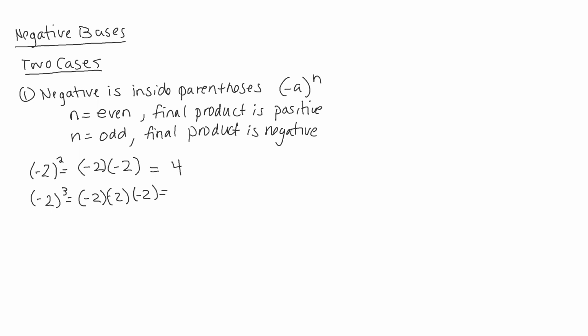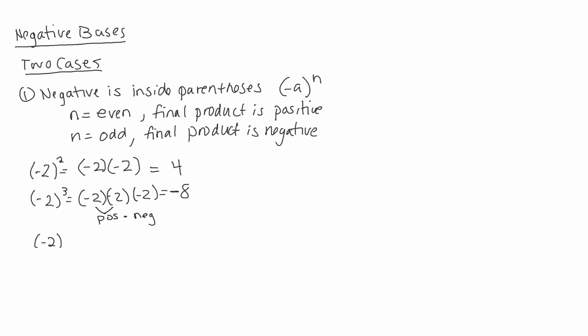Well, 2 times 2 is 4. 4 times 2 is 8. But let's look at the signs. If you go back to multiplying signed numbers, 2 negatives make a positive and a negative makes a negative. So right here, the first 2 negatives become positive. But then I've got a positive times a negative, which makes my final product negative.